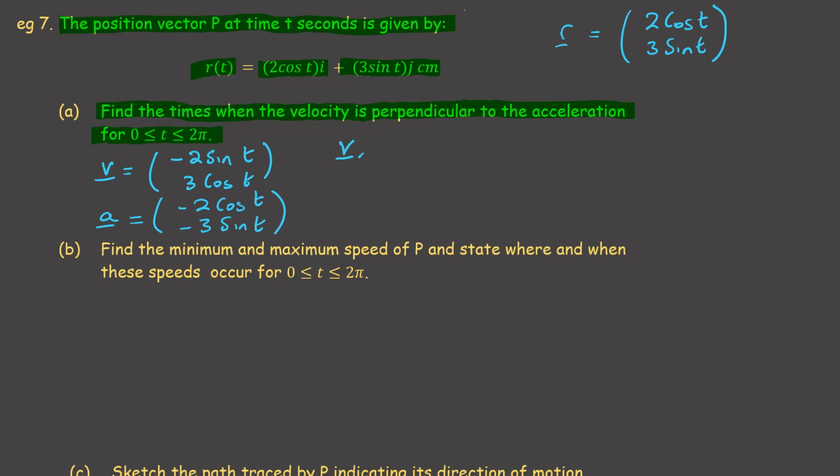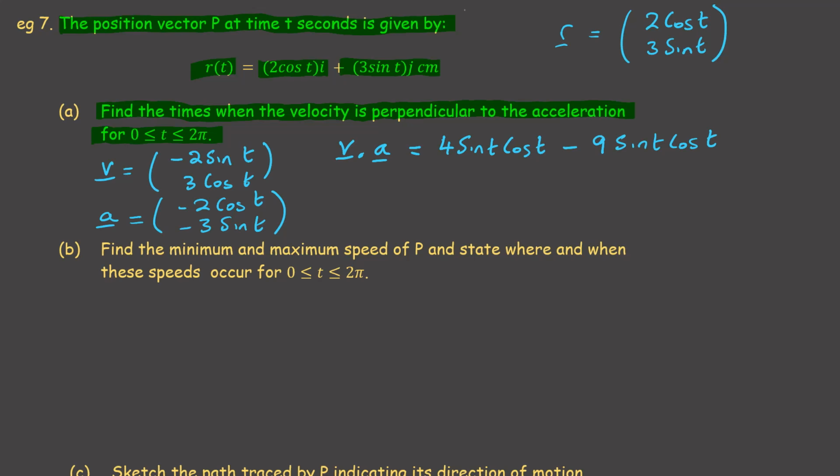So v dot a is going to be 4 sin t cos t take away 9 sin t cos t.